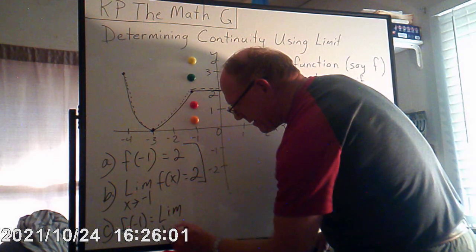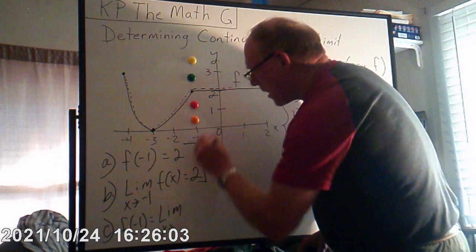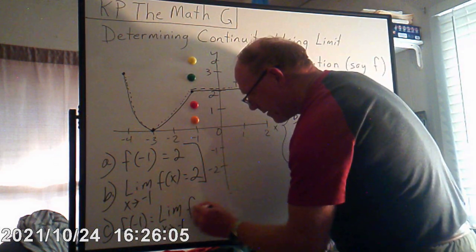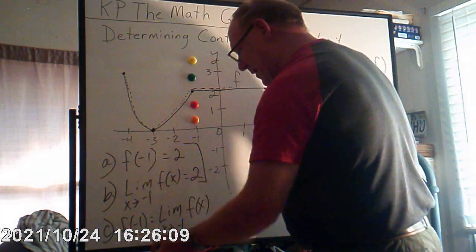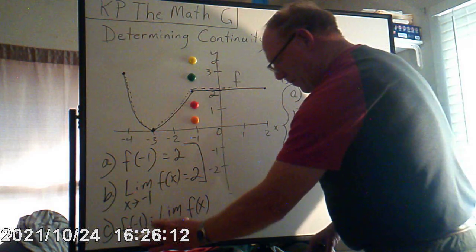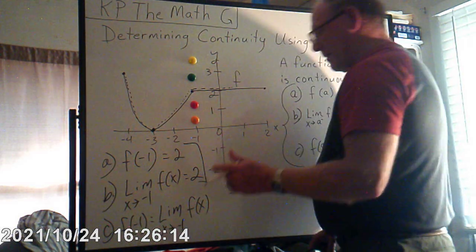The limit as x approaches negative 1, f at x. So once we see those three going, then we can say these are equal.